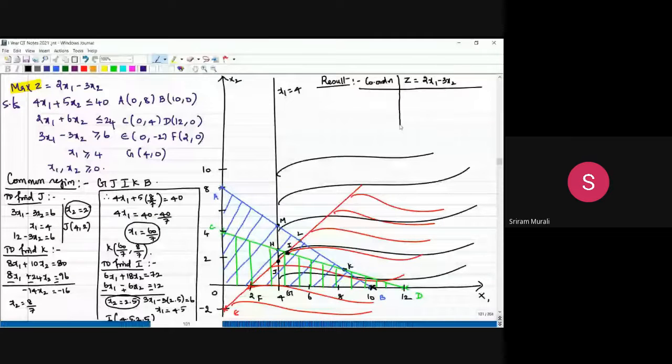What is the first one? G. What is the coordinate of G? G is 4 comma 0. If I take 4 comma 0, this is 2 into 4 minus 3 into 0. This will be equal to 8.